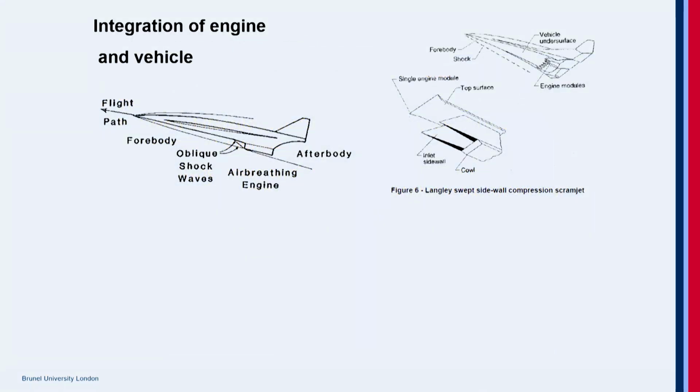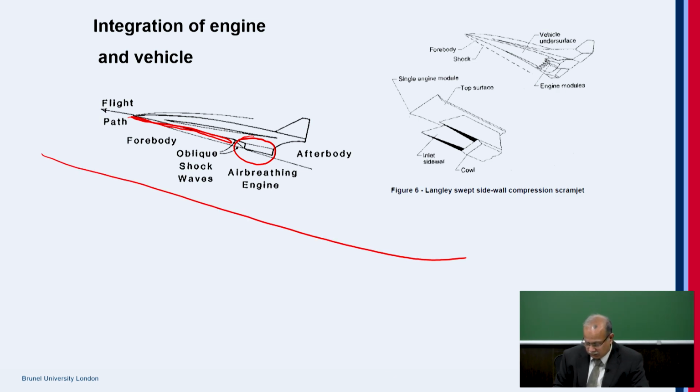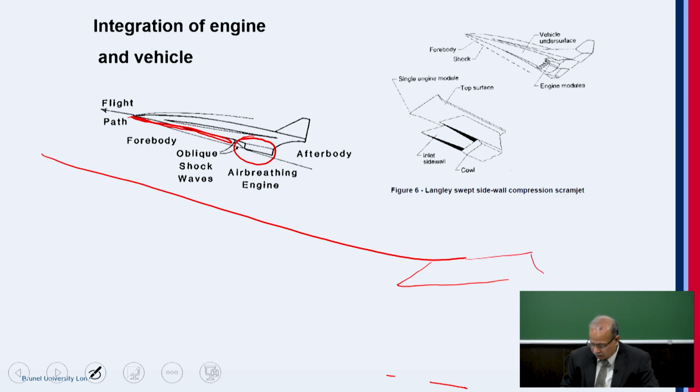So now here you see this. This is the engine. Now you can see that the entire forebody of this vehicle will act as an inlet. So I can say this is the vehicle, probably this is where the inlet is, and this is the after body of the vehicle.